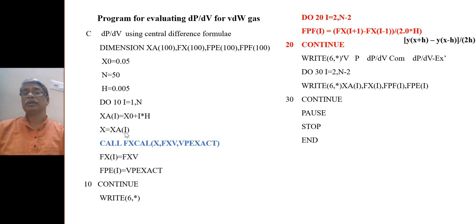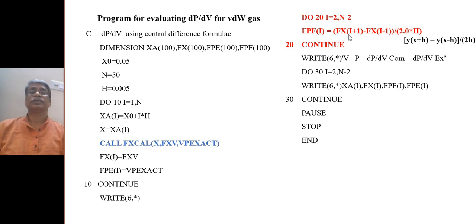Here x is nothing but V, and it calculates fxv, that means the function value at that given V, and then the exact derivative value from the theoretical expression. And here we are using that numerical differentiation scheme, as you understand: y(x + h) minus y(x − h).